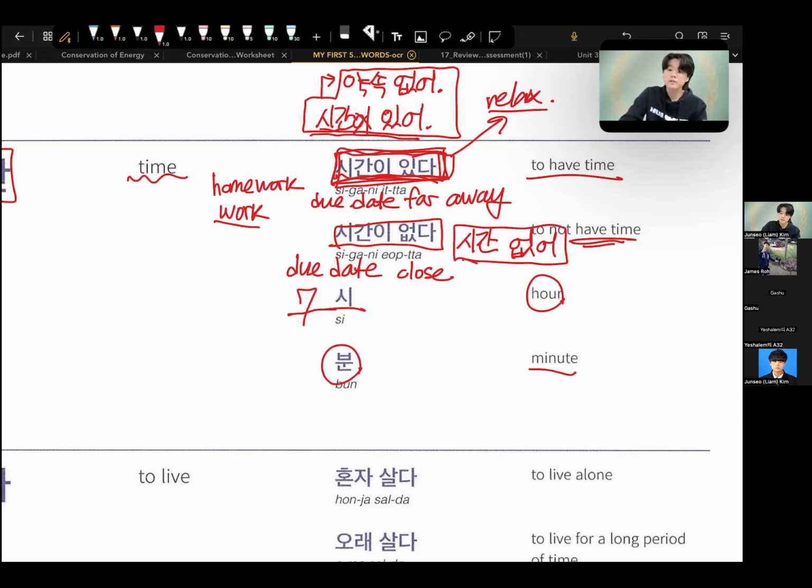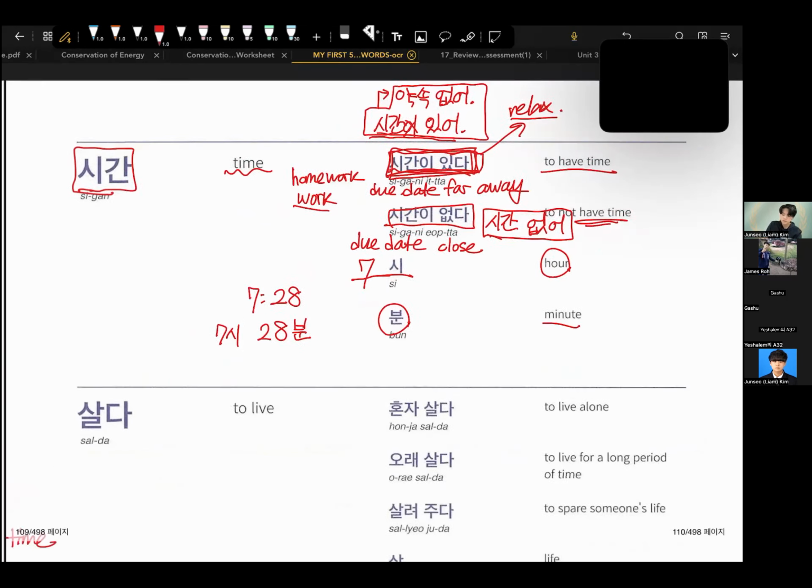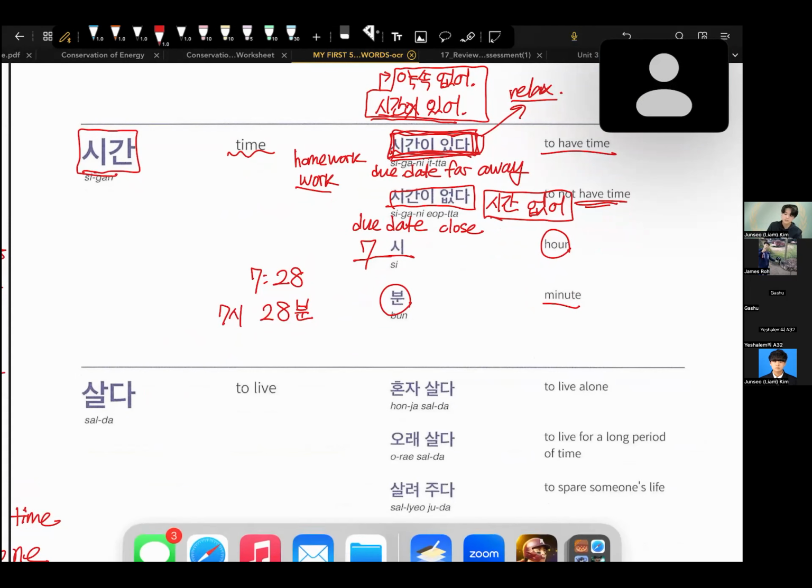Right now it's 7:28, right? So people say 7시 28분. Nice. Is everything clear by now? Yeah, it's much clearer.